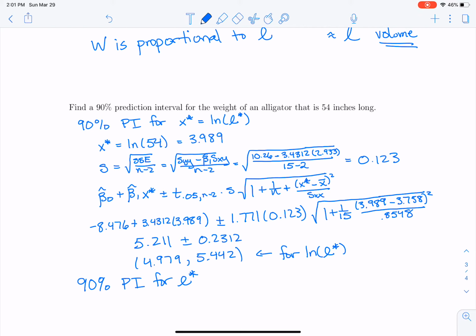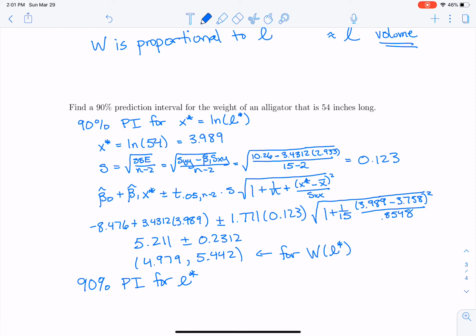Okay, let me just fix this up. So I should say really that this confidence interval isn't for L star. It's for W of L star. That's a better way to put that. Okay.